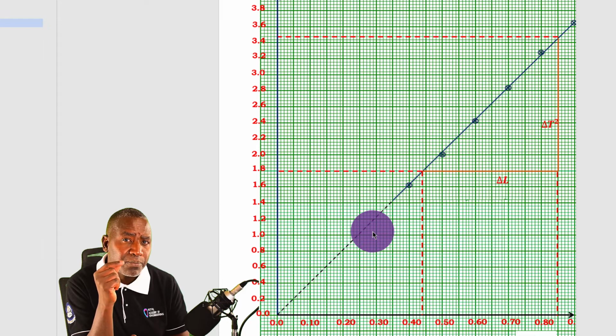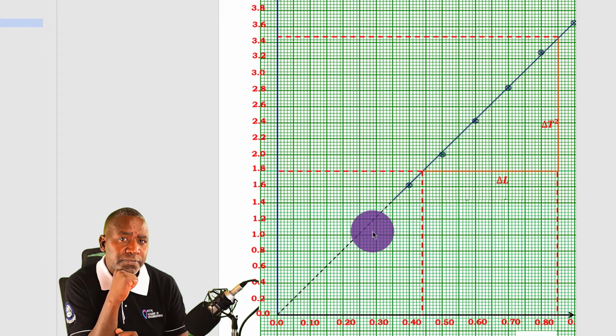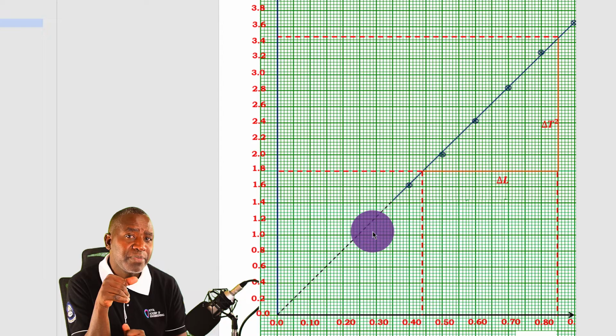This is the first pointer that your graph may not be a straight line. Find the gradient or the slope at a given value of x. This is an indication that your graph is not a straight line. It may be a curve. It may have a certain turning point. Or find the maximum value of this. Find the minimum value of this.